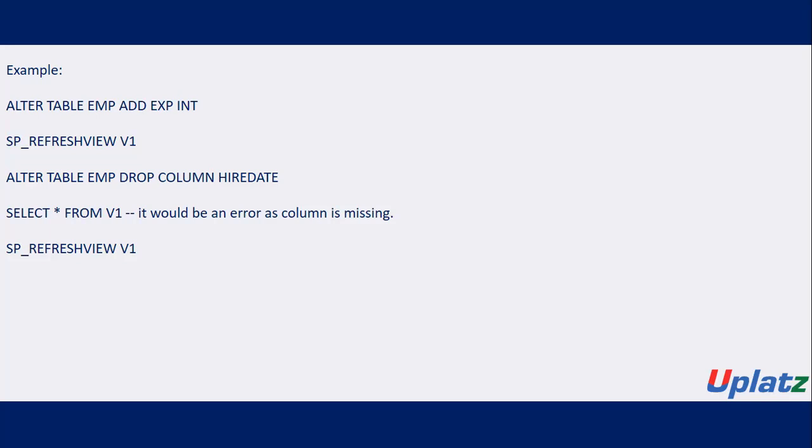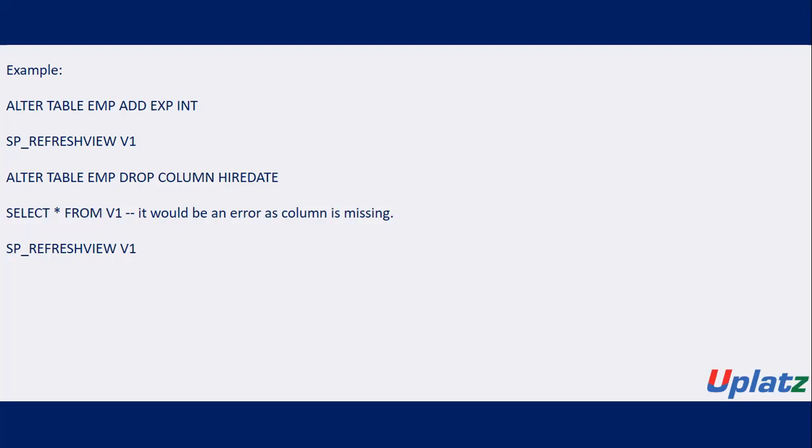We are using all the columns, and we are creating a view called v1. So we will be able to see the newly created column in the table employee once we refresh the view v1 with the help of the sp underscore refresh view command.